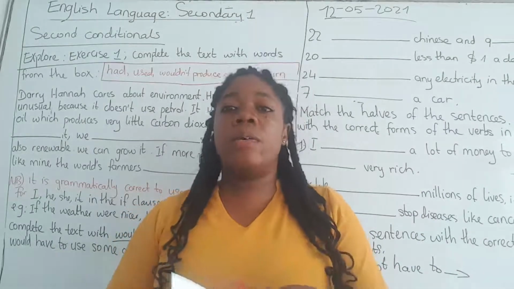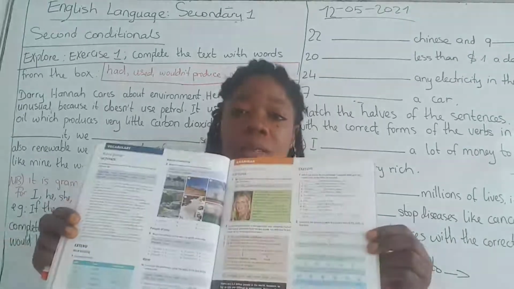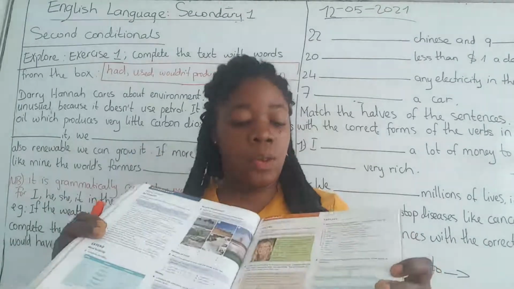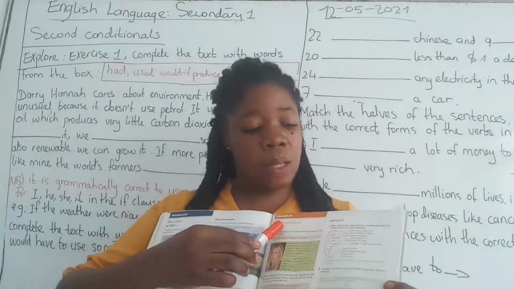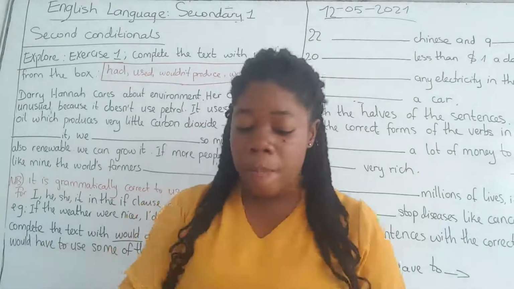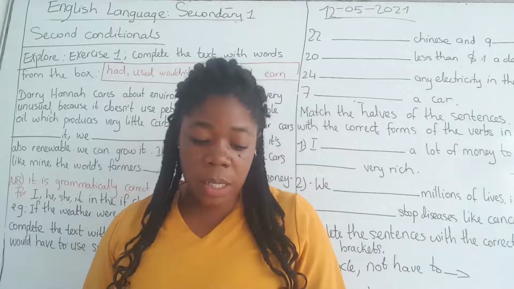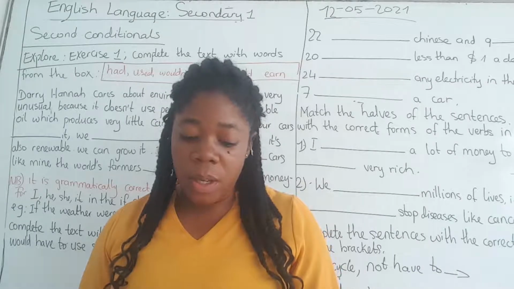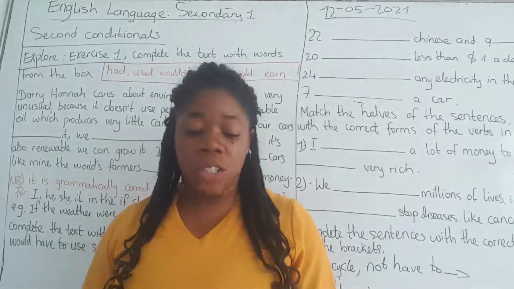This is where we are. We are on page 69 still, and we are going to do this exercise under explore and exploit. Number 1 of explore says complete the sentences with the words in the box, then listen and check.